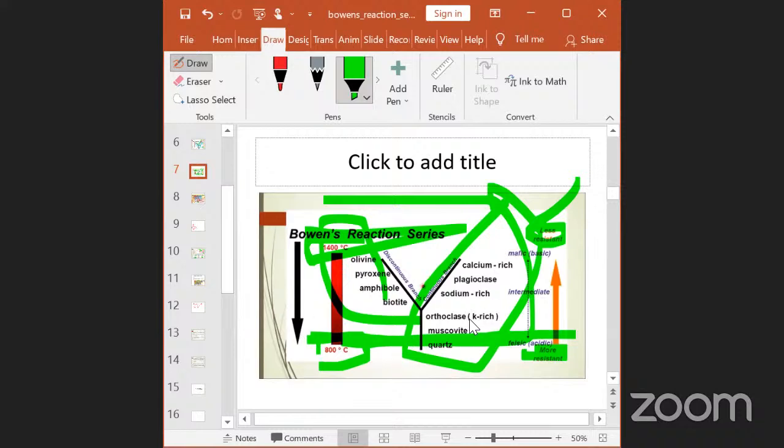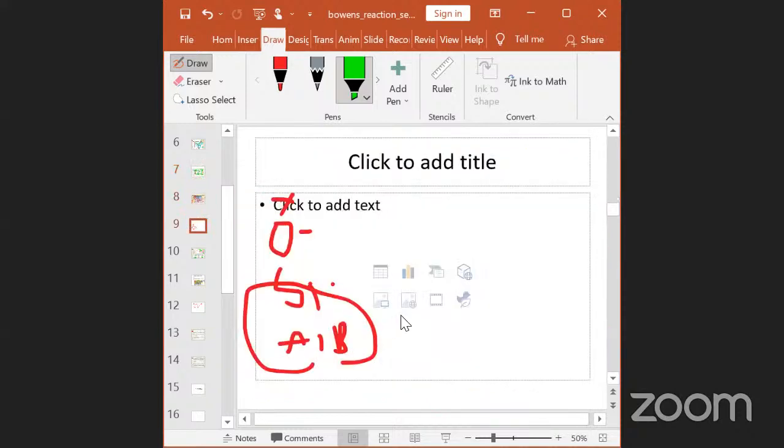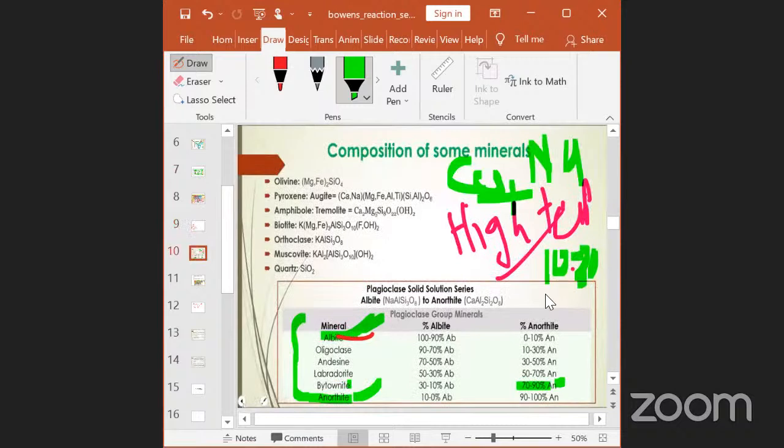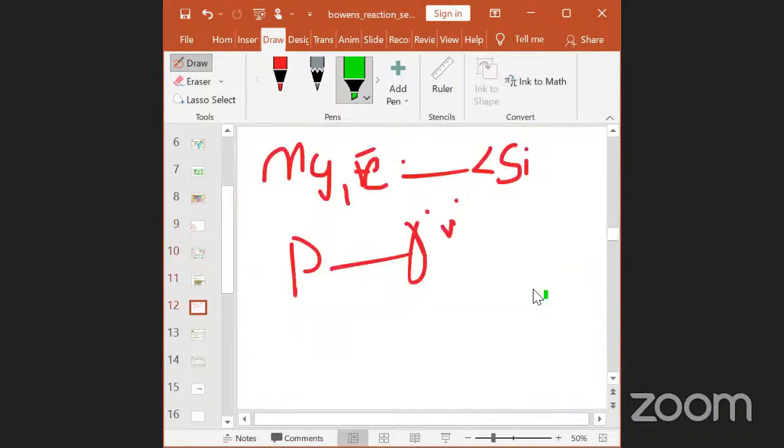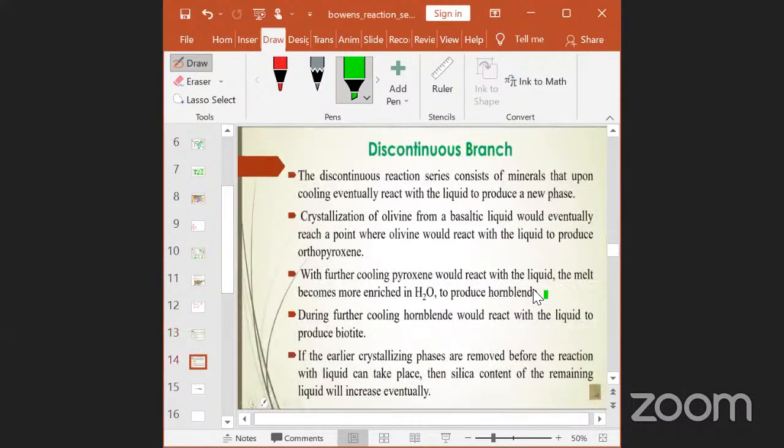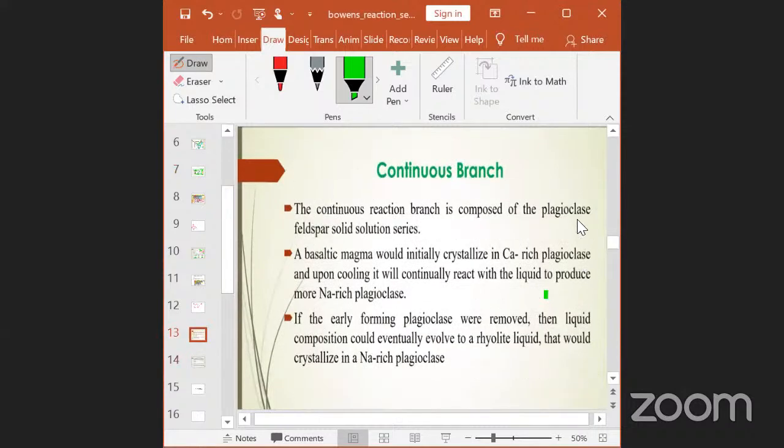I have mentioned some of the minerals relative to the continuous branch and discontinuous branch. See here, the continuous reaction branch is composed of the plagioclase feldspar solid solution series, right?